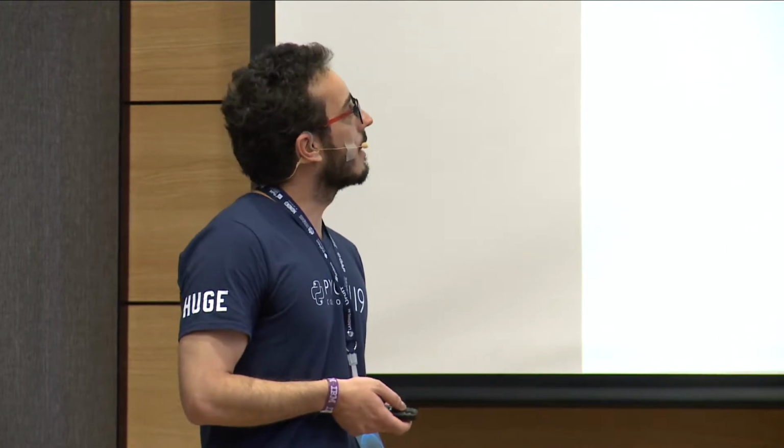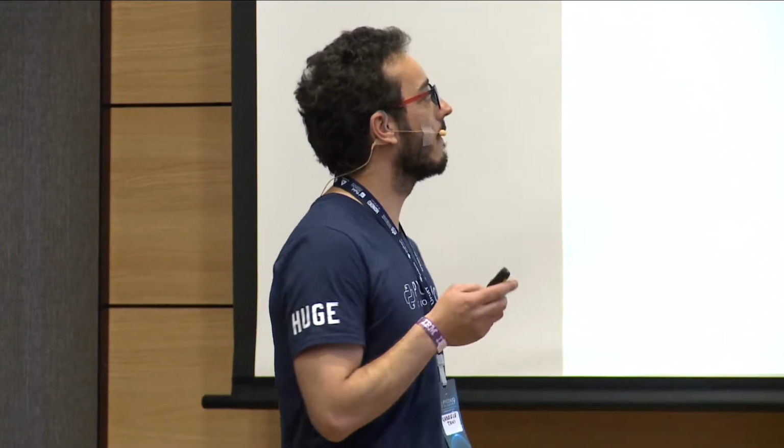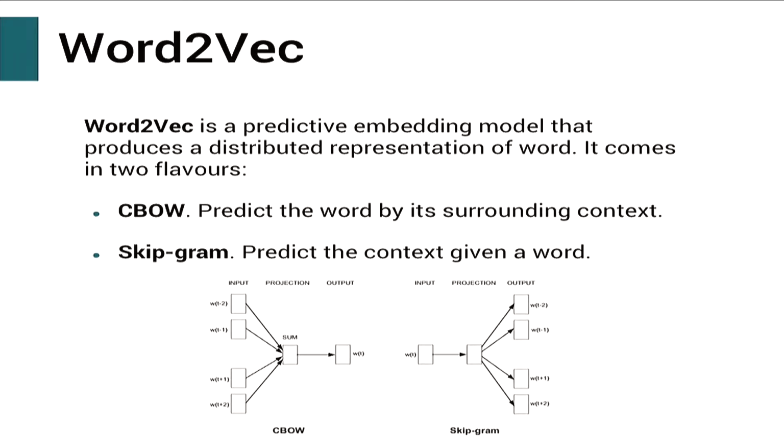As I said, word2vec is a predictive embedding model that produces a distributional representation of the word, and it comes in two different flavors. Continuous bag of words predicts the word by its surrounding context, and skipgram predicts the context given a word.